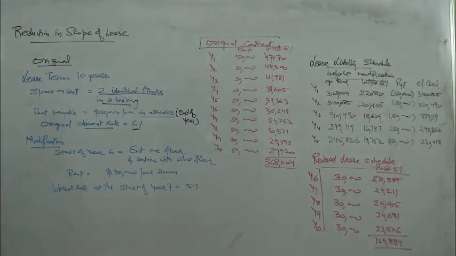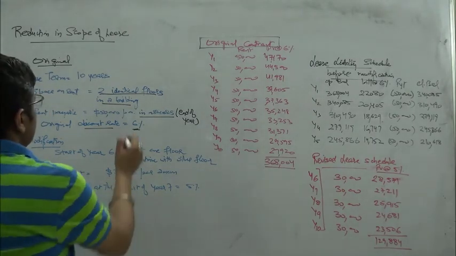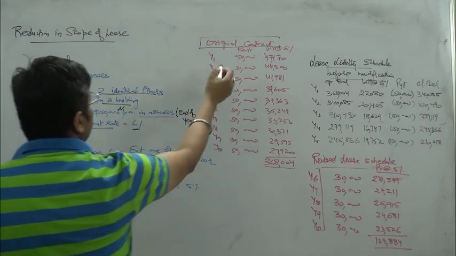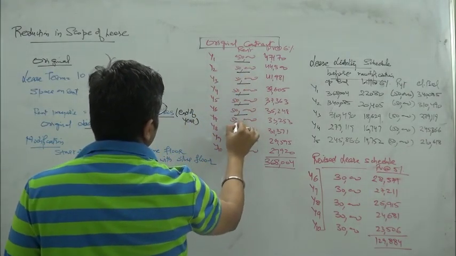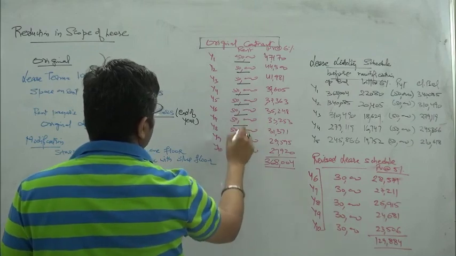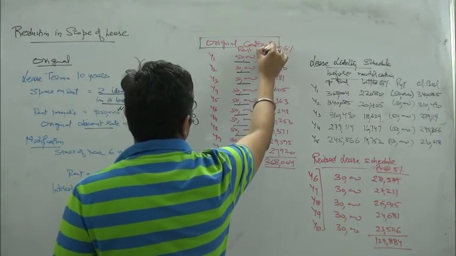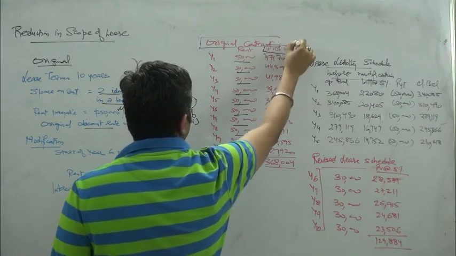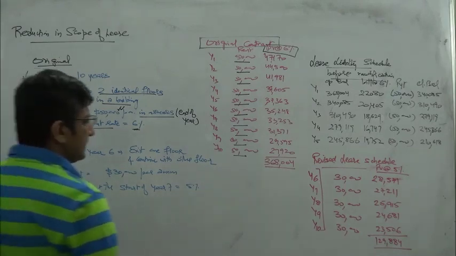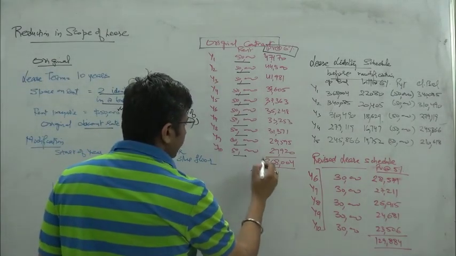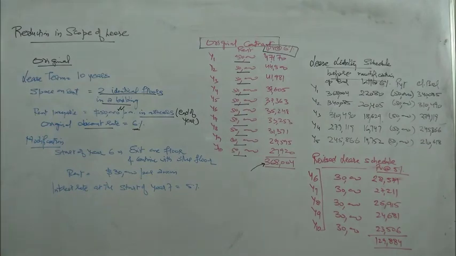Okay, so looking at this information, this is how my original schedule of lease rent would come. I've taken this 50,000 per annum at the end of each year, and all these cash flows are discounted to arrive at their present value at the rate of 6%. All right. So this stands at 368,004. Is it okay?